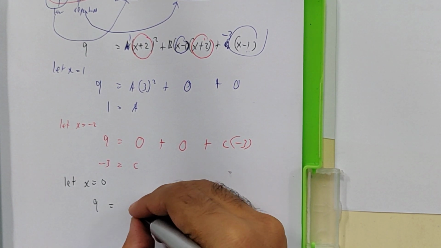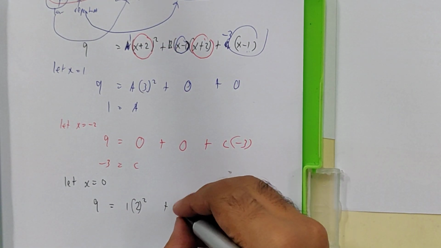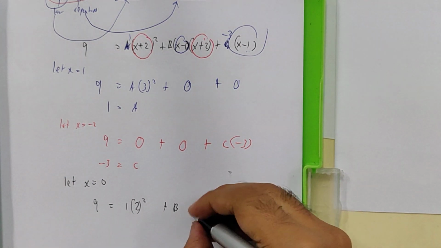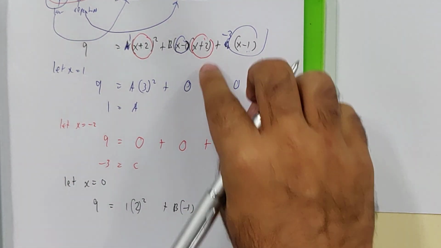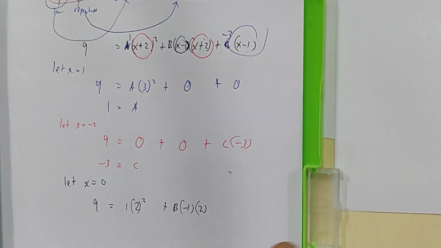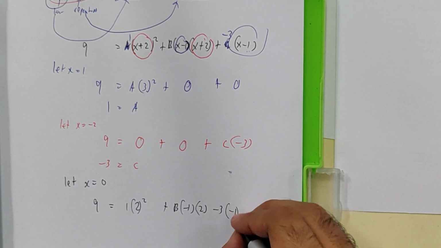Okay, let me put that first. B is still there. 0 minus 1? Negative 1. Times 2, very good. What about here? Negative 3, negative 1.